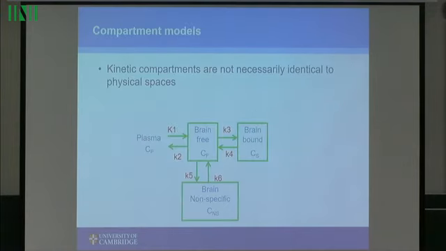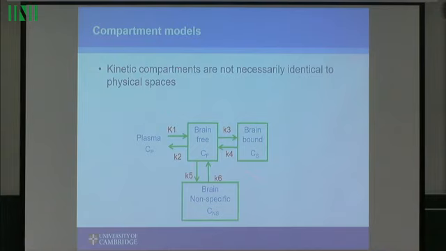So coming to the actual model, the concentration of the tracer in plasma, Cp, and then it moves, in this case I'm talking of course about brain and about a receptor. So there's a rate constant for it to enter the brain across the blood-brain barrier, K1, and to exit the brain, K2, from the compartment that we call brain free, because whatever is available here is free to bind to something.